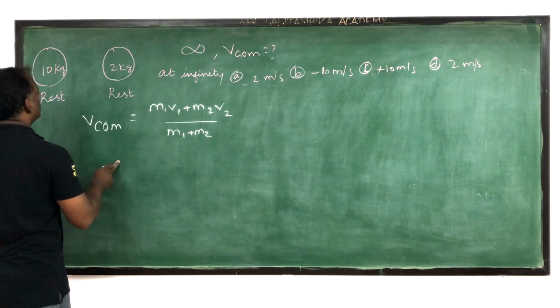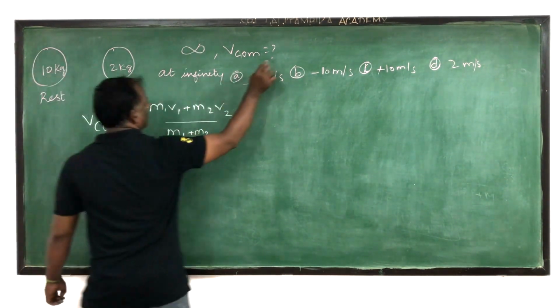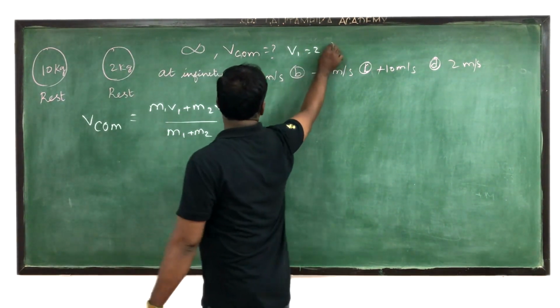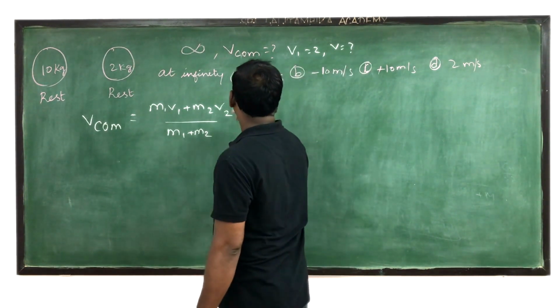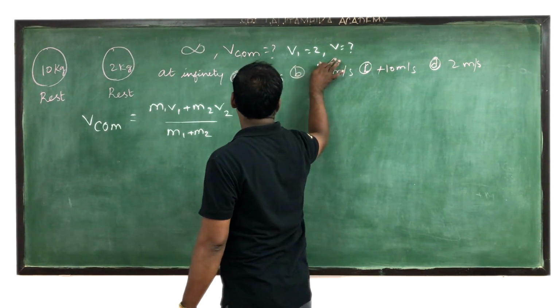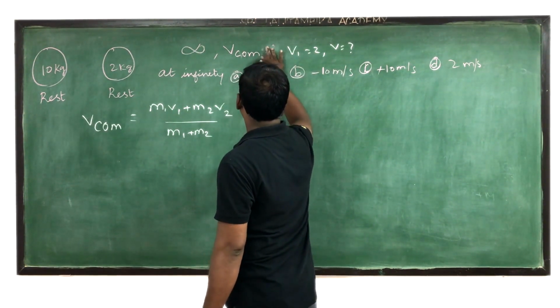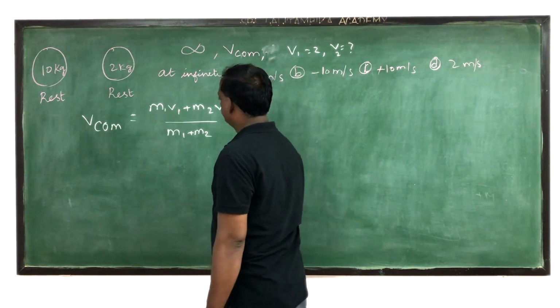So ஒரு இது வந்து நமக்கு என்ன கொடுத்திருக்காங்க? They have given us velocity v1 is equal to 2 and find v2. So center of mass கண்டுபிடிக்கணும். So நம்ம v2 கண்டுபிடிக்கணும்.